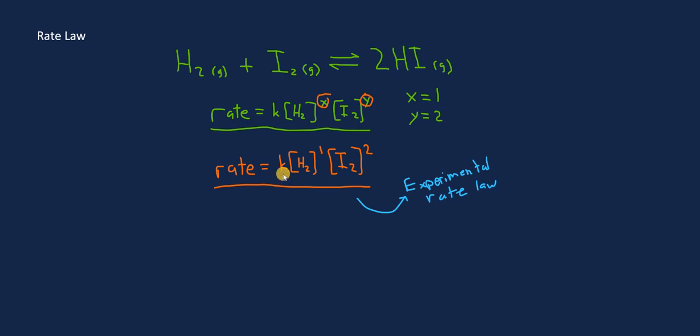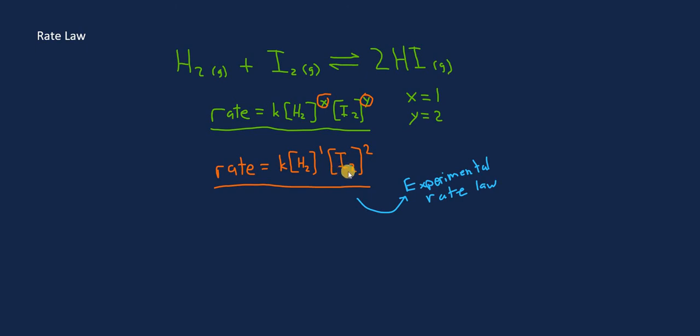But before we calculate k, another thing we can do with the experimental rate law is calculate the reaction order, the overall reaction order. And that's just going to be where you add your exponents for your rate orders together. So individually, 1 and 2 would be the rate orders for these reactants. I2 has a rate order of 2, and H2 has a rate order of 1.